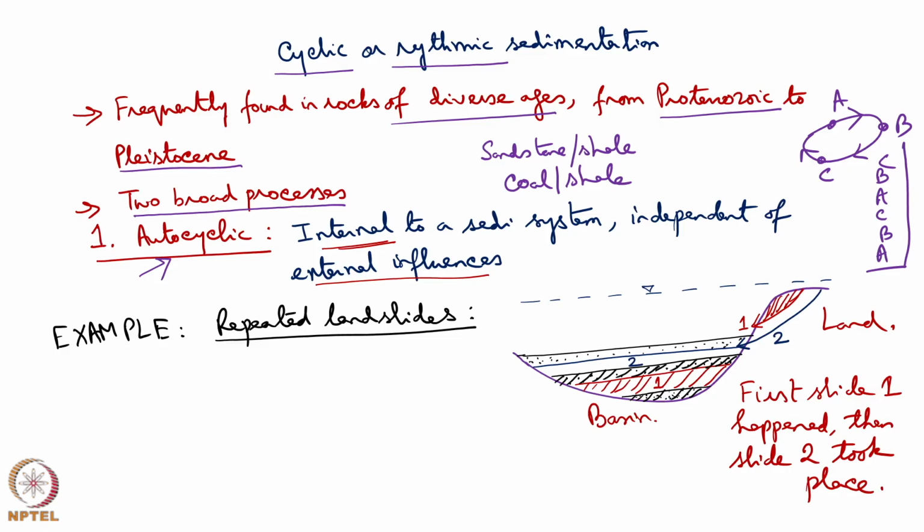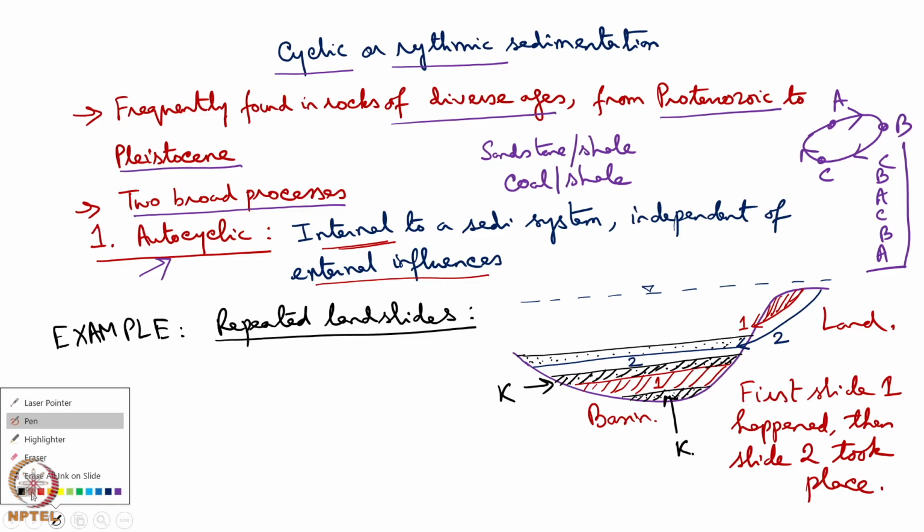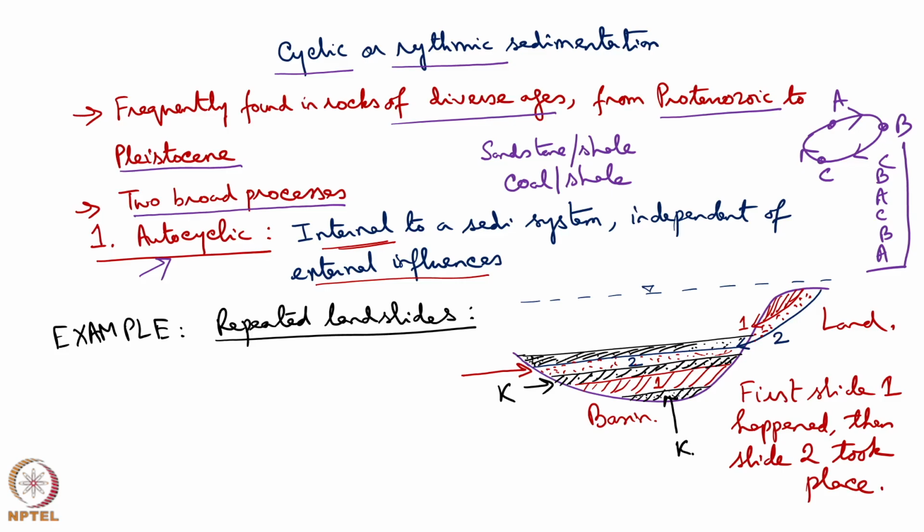If this black portion I call rock K, then K has come, and slide 2 has taken place. So, slide 2 will take away these materials and will deposit over here. Slides 1 and 2 may be of the same composition in some cases, think ideally. So, this got deposited. Again the marine sediments will be deposited. It may be possible that the marine sediments are compositionally the same.